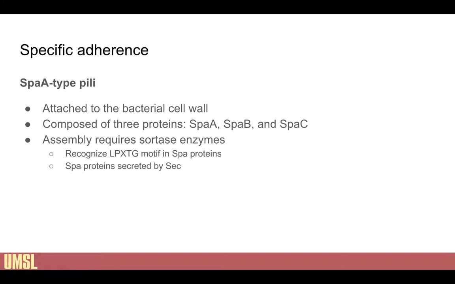So pili produced by this bacteria are very important for its adhesion to your upper airway, and these are physically attached to the cell wall of the bacteria. They are composed of 3 proteins, SpaA, SpaB, and SpaC, so the Spa-type pili, and like most gram-positive extracellular protein structures that are secreted, these require sortase enzymes.